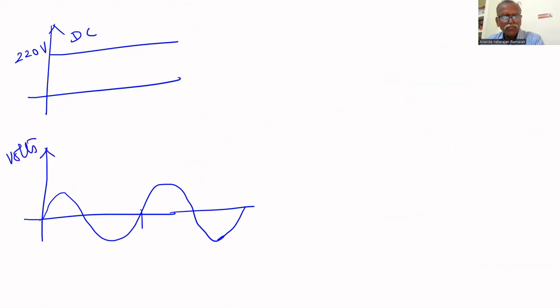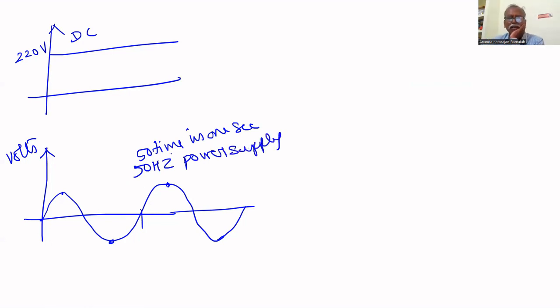The voltage is varying from 0 to maximum, maximum to negative maximum, then positive maximum again. Like that, it will vary 50 times in 1 second. Then it is called 50 hertz power supply. This is called AC supply.